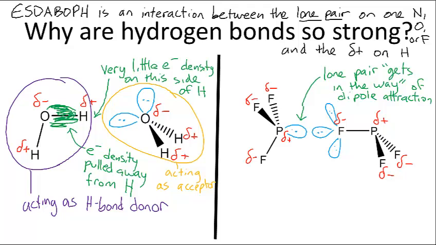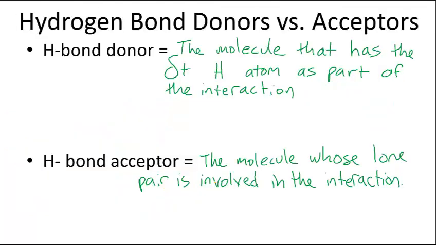So when we look at molecules, we can be explicit about whether it can act as a donor, whether it can act as an acceptor, or whether it can act as both. So to be a donor, what do you need to have?